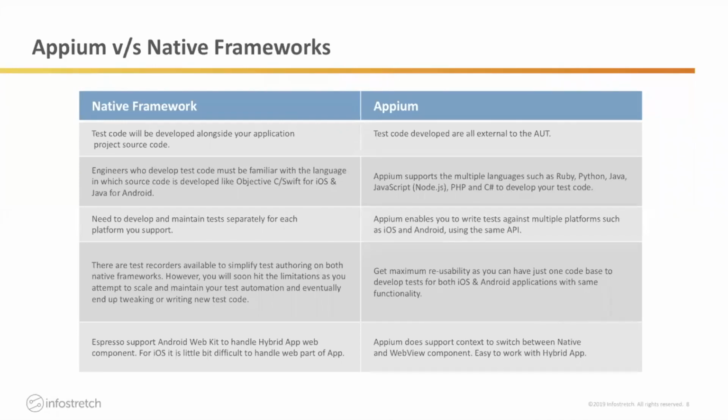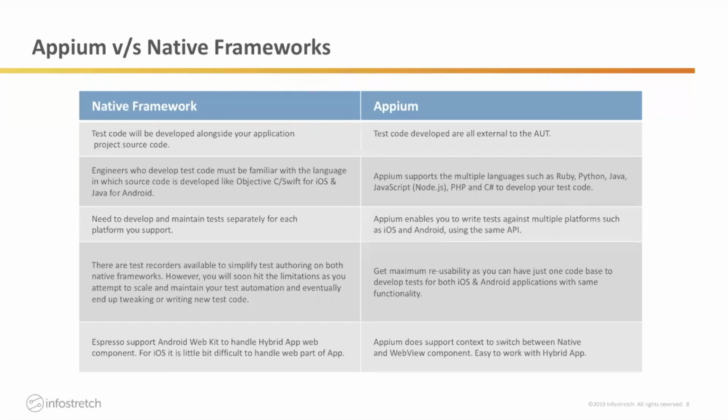There are test recorders available to simplify test authoring on both native frameworks. However, you will soon hit limitations as you attempt to scale and maintain your test automation, and eventually end up tweaking and writing new test code. On the other side, with Appium, you do not need access to the application source code to develop test code.